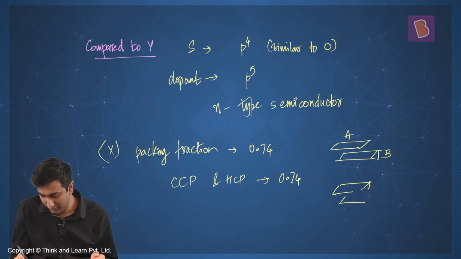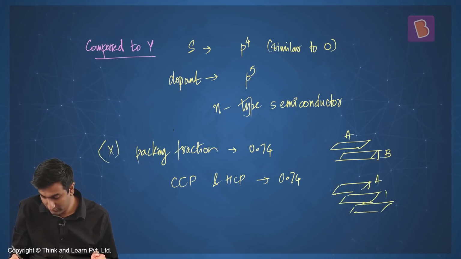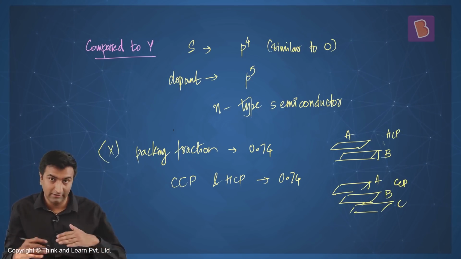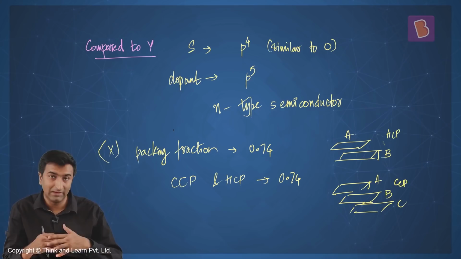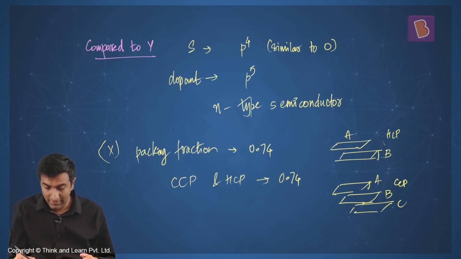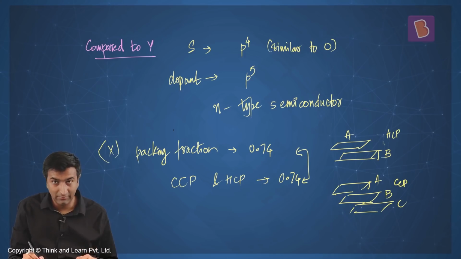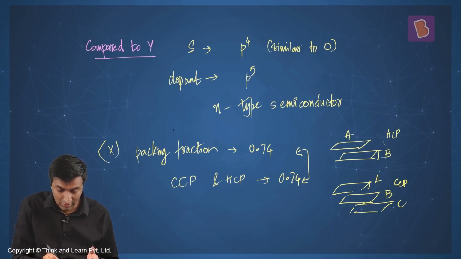A little bit of theory. So this one's CCP and this one's HCP. The packing is going to be the same. All you're doing is arranging the layers in different ways, but the space between the layers is going to be the same. So the packing fraction for both of them is going to be 0.74. So that's a little bit of theory. You know for sure it's cadmium, but is it HCP and not CCP?